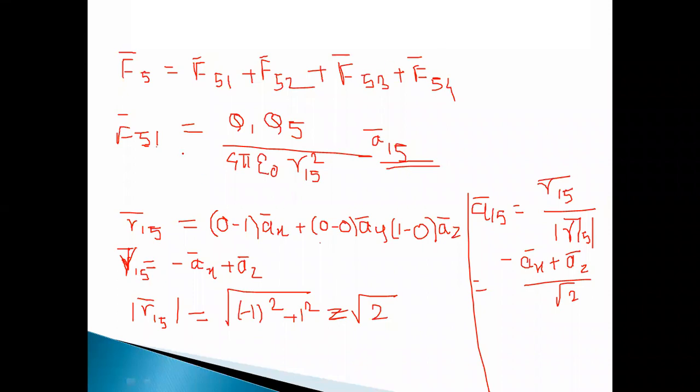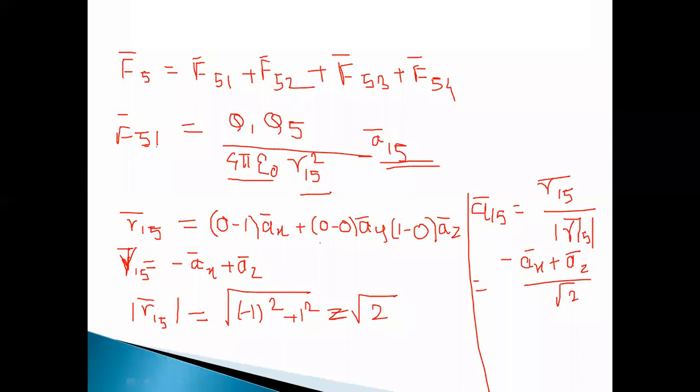And everywhere this magnitude will remain the same, because the magnitudes of Q1, Q2, Q3 and Q4 are the same, and the magnitude of Q5 is also constant, and this term is also constant, right?